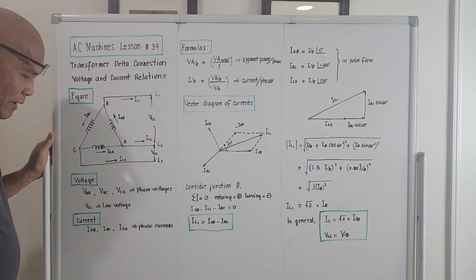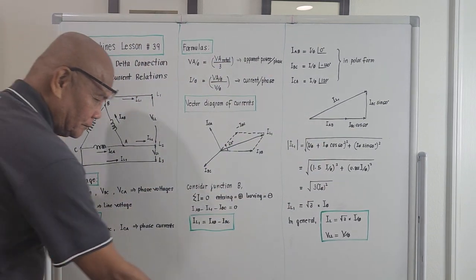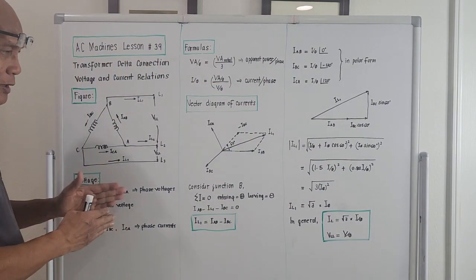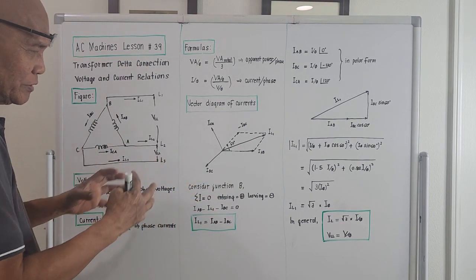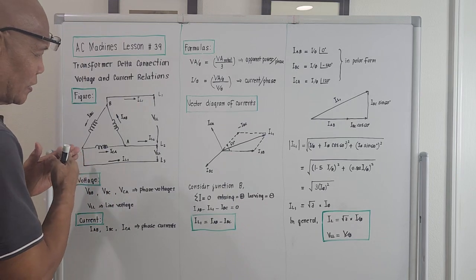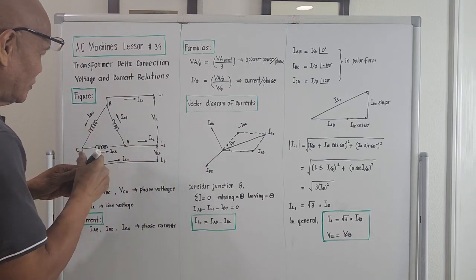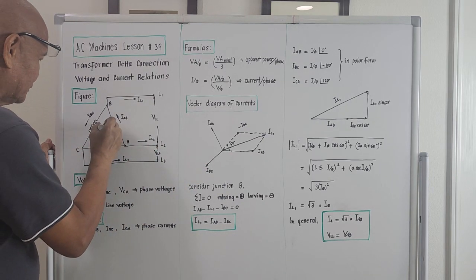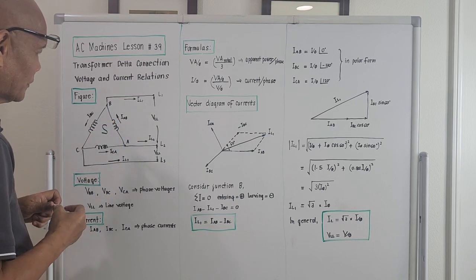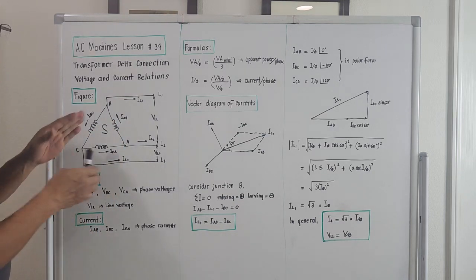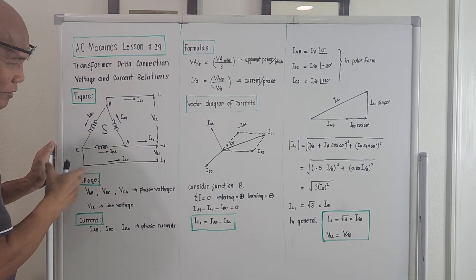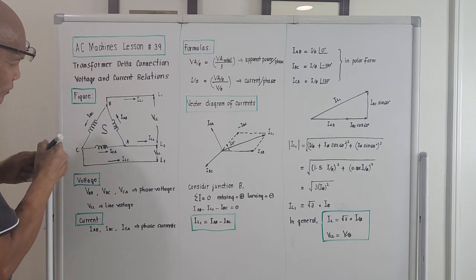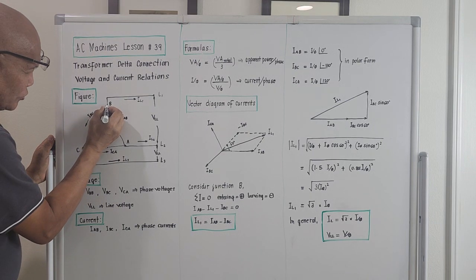Let's bring out the figure for this one. Before we derive the relationship of the voltages and currents, we must draw the circuit diagram. We'll just take the secondary side of the transformer. If the connection is delta, we get a triangle with three intersection points.